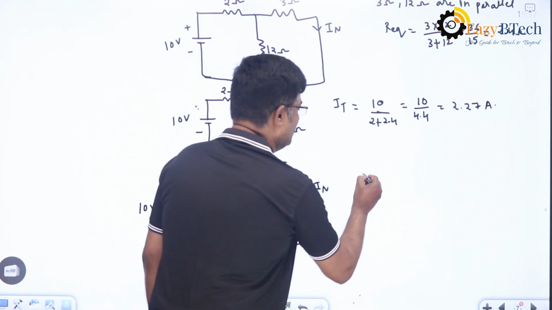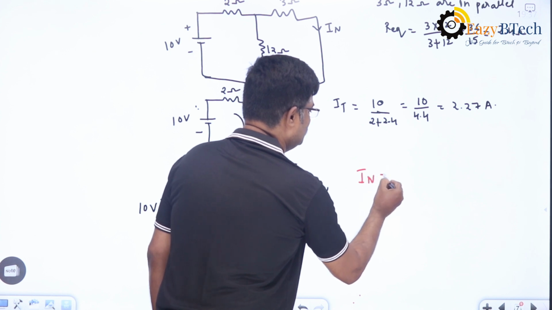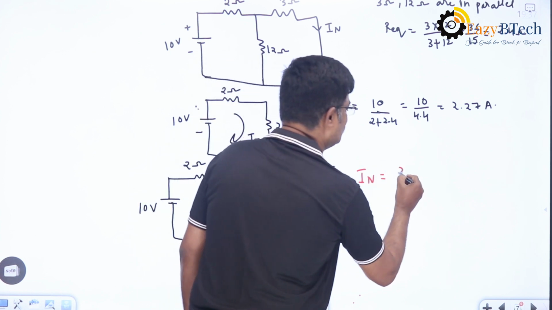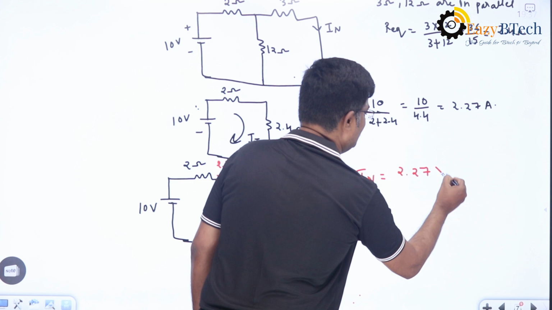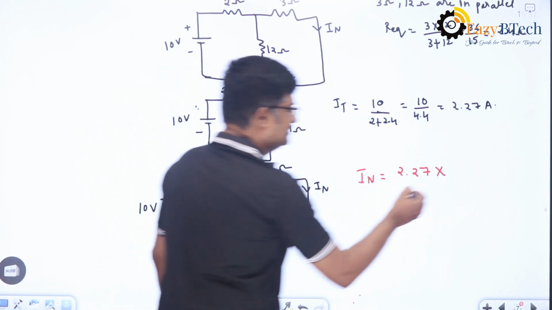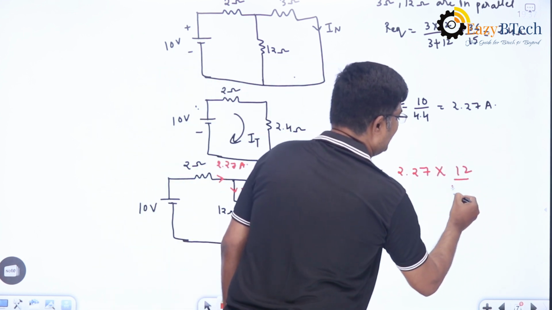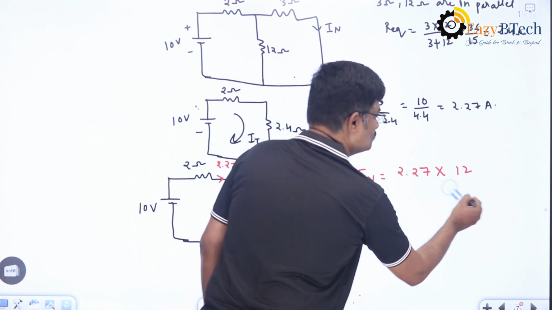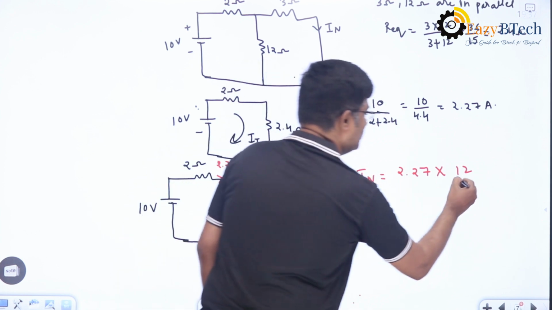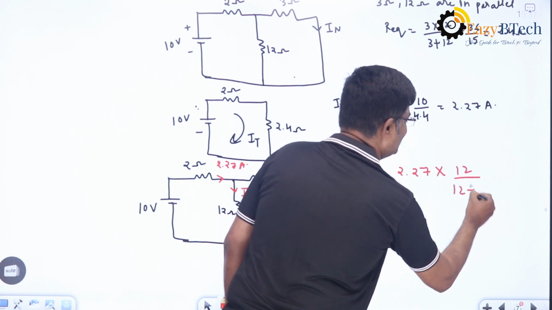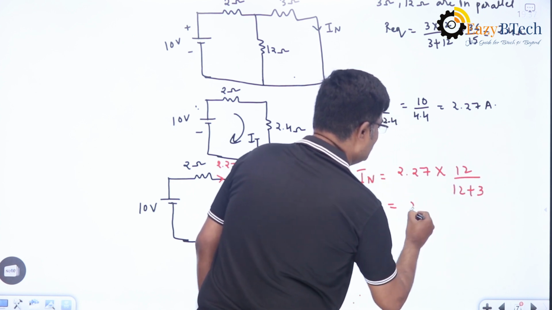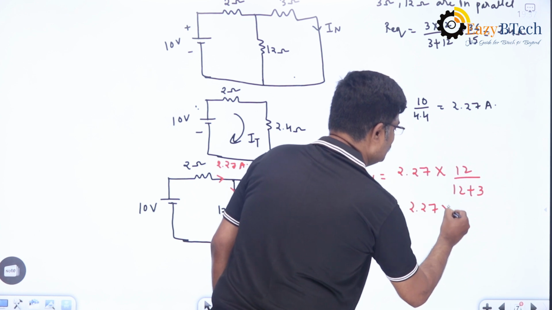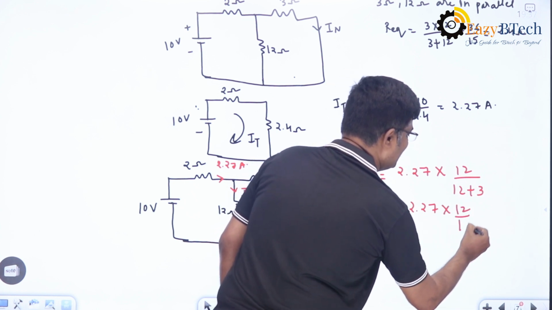So my IN is equal to total current, 2.27, into opposite resistance 12, divided by total resistance, 12 plus 3, which is equal to 2.27 into 12 divided by 15.